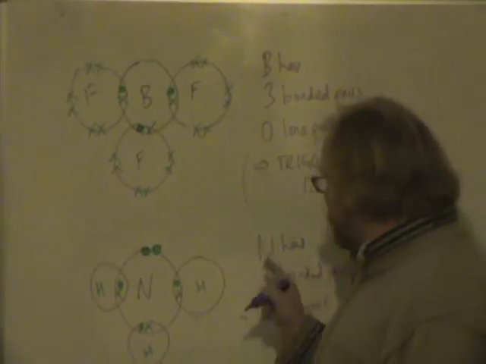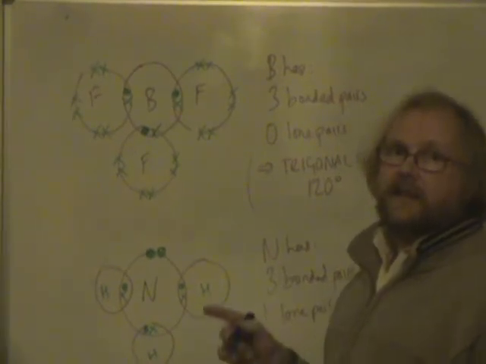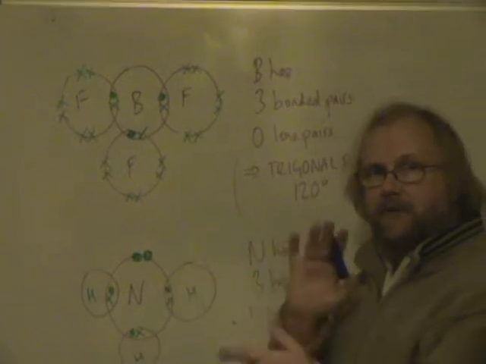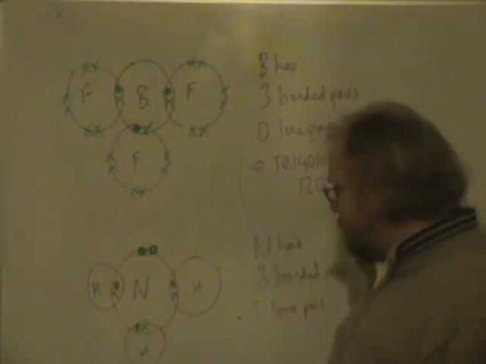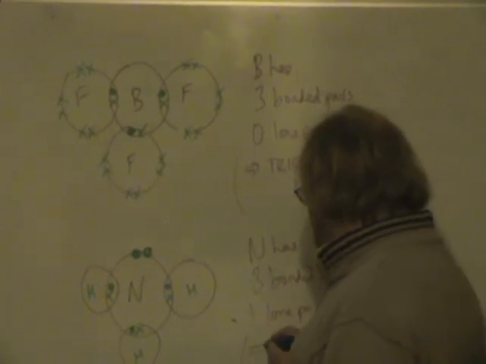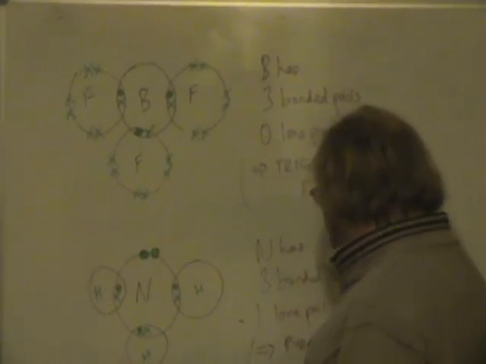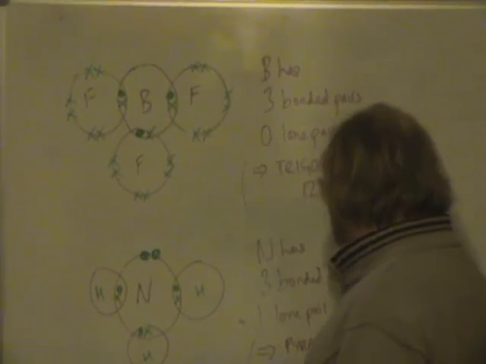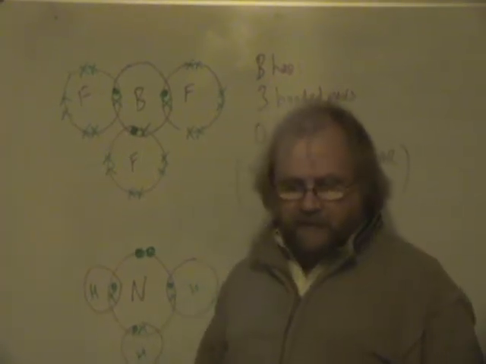On the other hand, when you have 4 things repelling each other, it won't be planar. It'll be based on them pointing more or less to the corners of a tetrahedron. And when you have 3 bonds and 1 lone pair, the shape you get is called pyramidal. And that has the 107 degree bond angle.